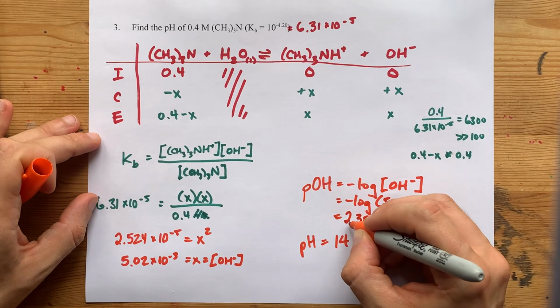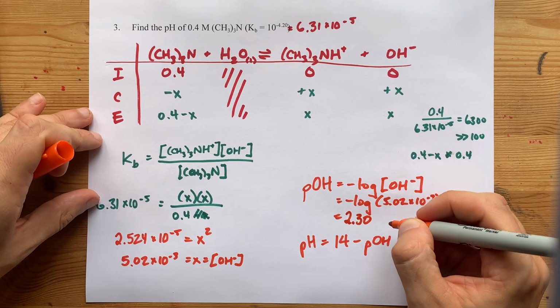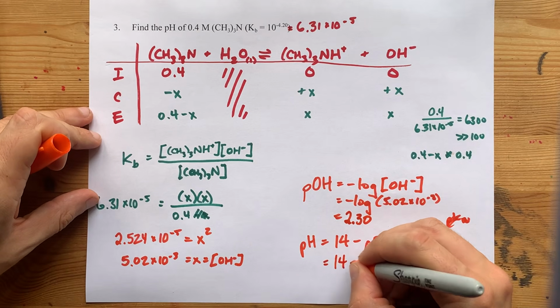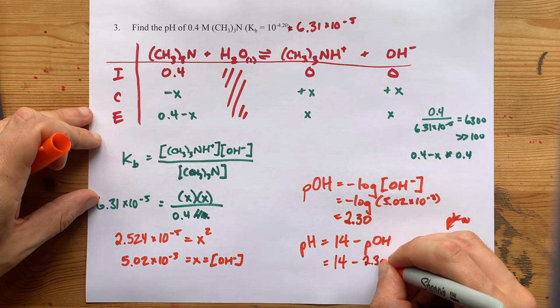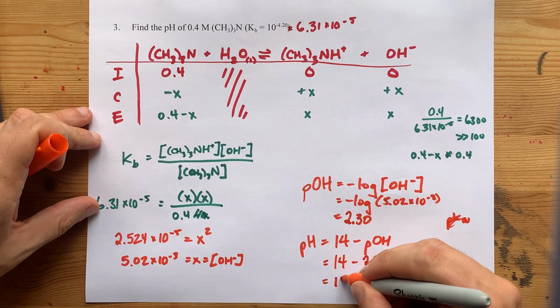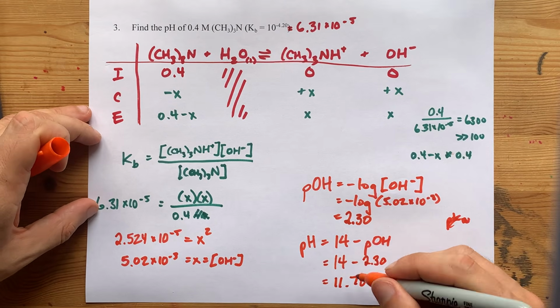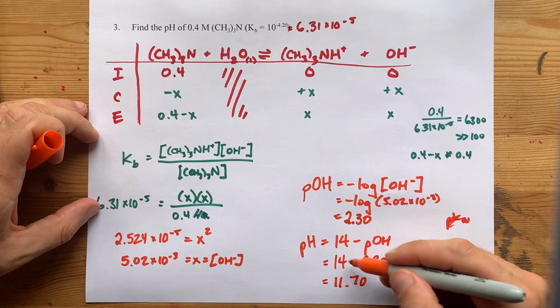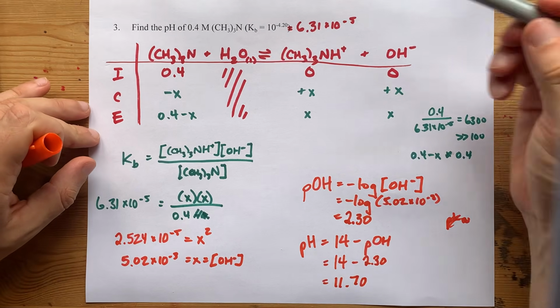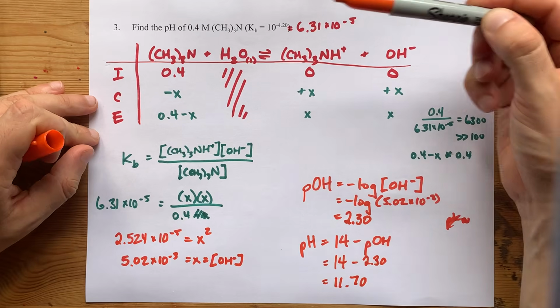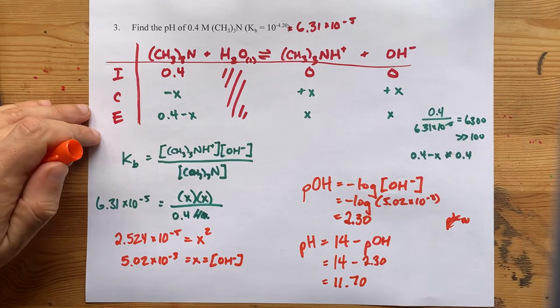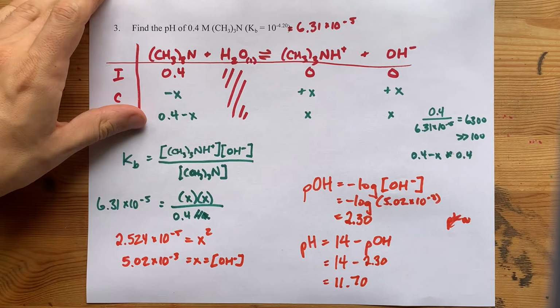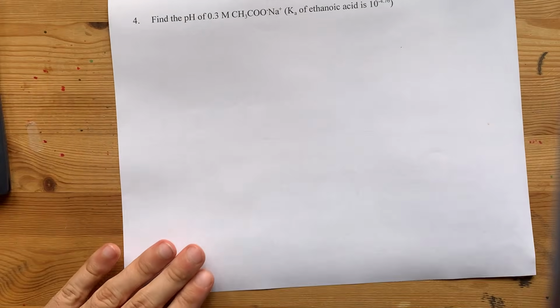Now that might seem acidic to you, but it's not the pH. The pH is actually 14 minus that, so it turns out to be 11.7. That's quite basic because it's more than 7. And that makes sense because we put a base, not an acid, into water. Very nice. Would you like some more?